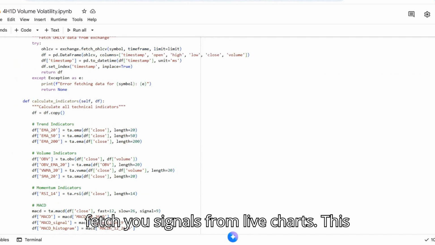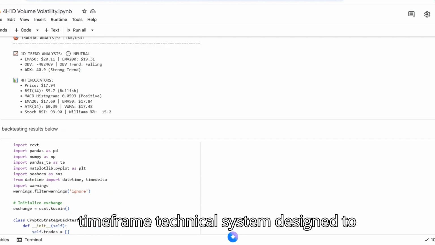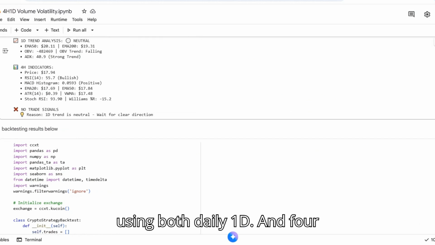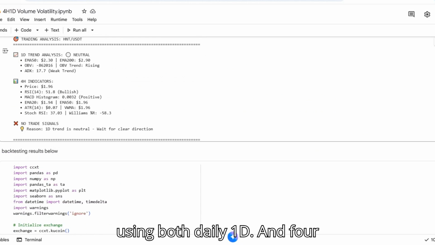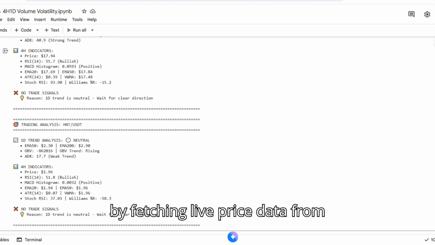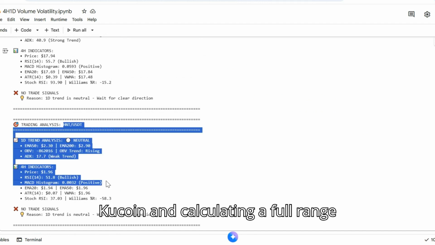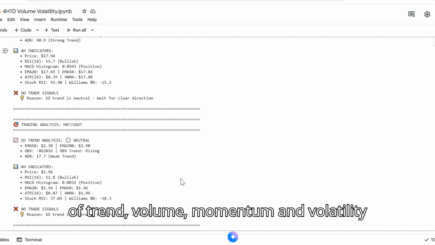This crypto trading strategy is a multi-time frame technical system designed to identify high-probability trading setups using both daily, 1D, and 4-hour, 4H charts. It starts by fetching live price data from KuCoin and calculating a full range of trend, volume, momentum, and volatility indicators using pandas_ta.